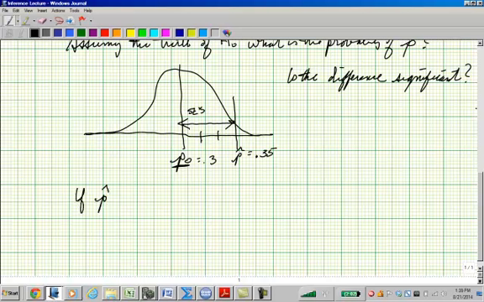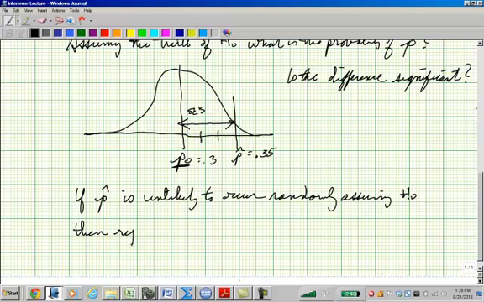If p hat is unlikely to occur randomly, assuming H sub 0, then reject H sub 0.